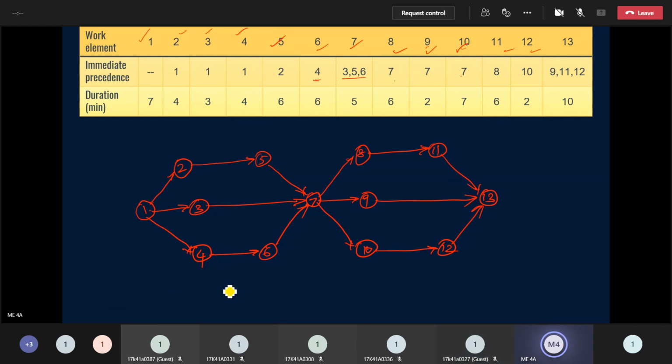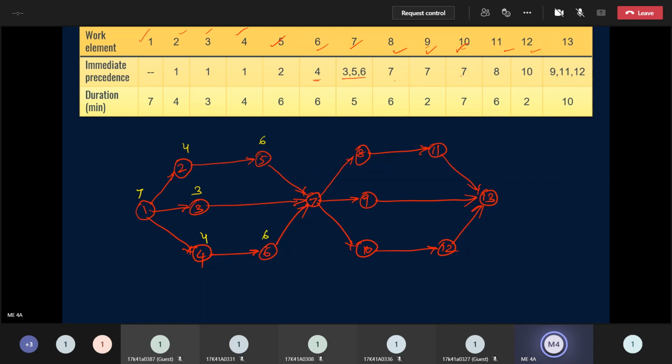So after drawing the precedence diagram, what you have to do is mention the timings for each element. For element 1, the time is 7. For element 2, 4. For element 3, 3. For element 4, 4. Next, for element 5, the time is 6. For element 6, 6.